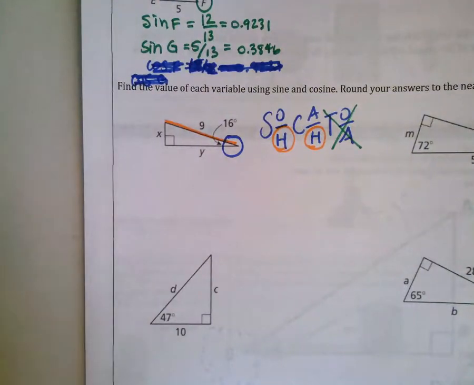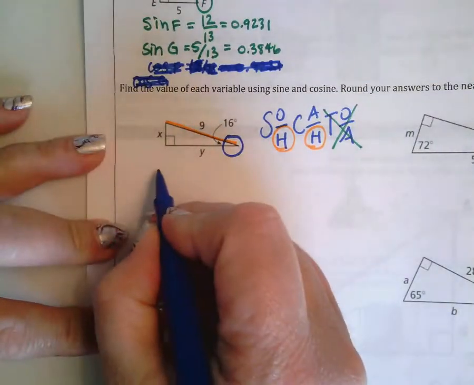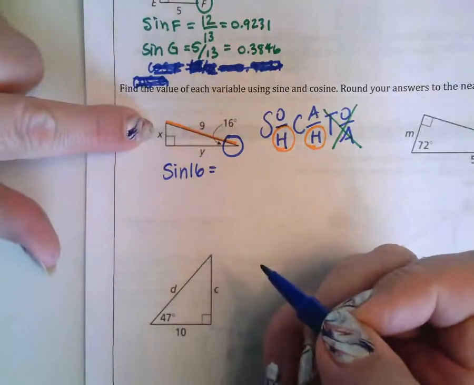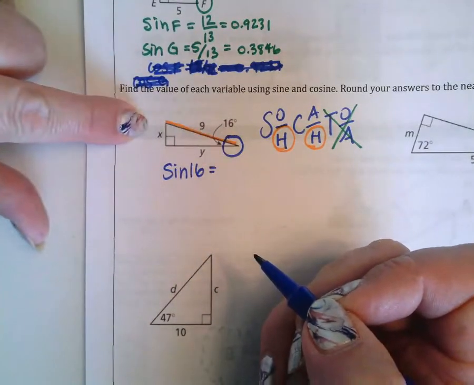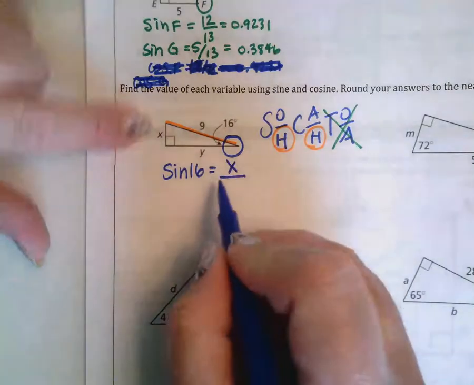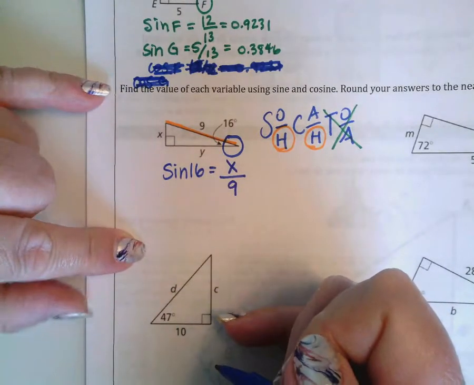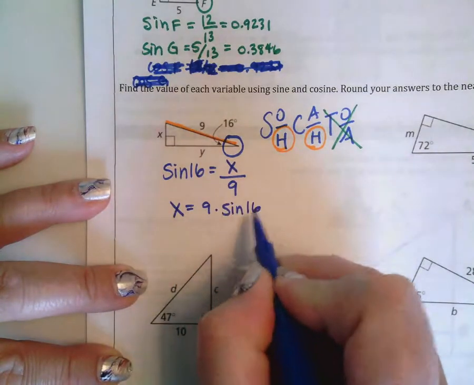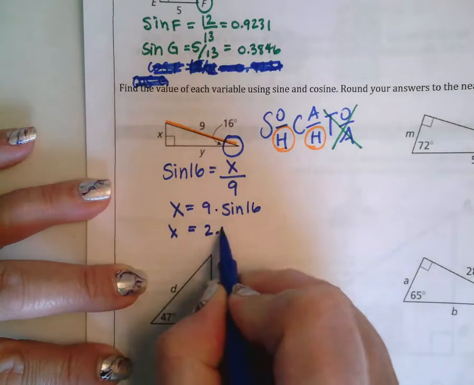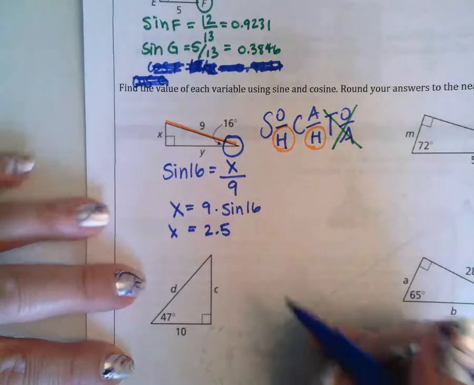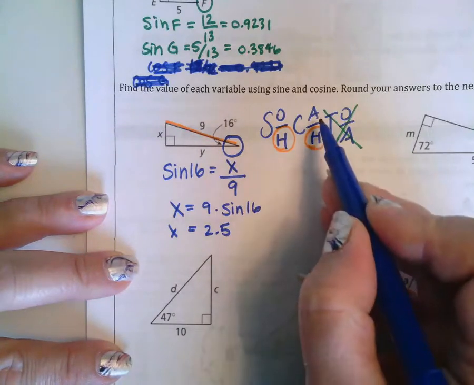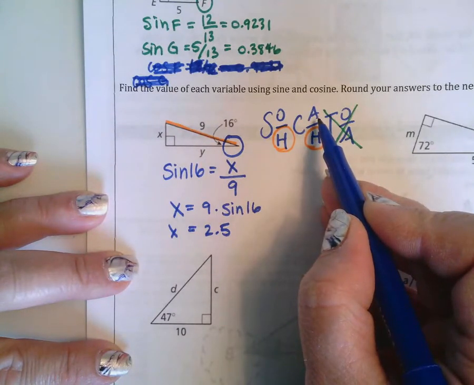Now, when I actually use sine, I'm going to be solving for the opposite side. So sine 16 equals x, opposite of that angle is x, over the hypotenuse. So x is equal to 9 times sine 16, which equals about 2.5. Now when I do cosine, I'm going to use the hypotenuse, but I'm solving for the adjacent side.